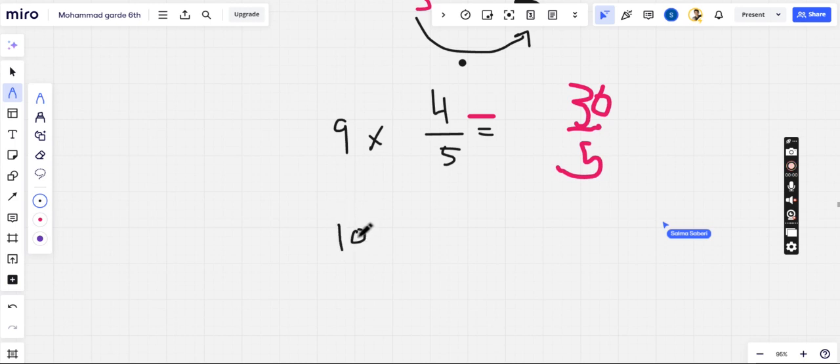In case of 10, if we have 10 times 20 over 9, what is your answer? Because here you check that this is a 2 digit number.